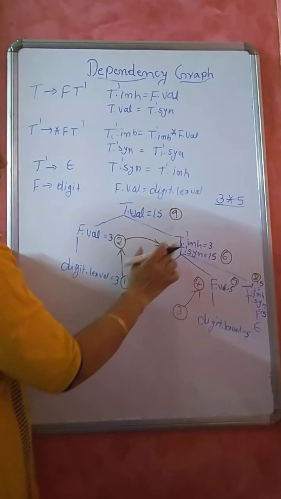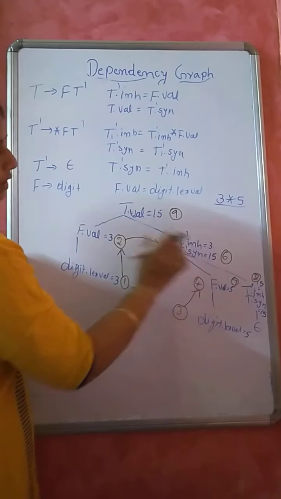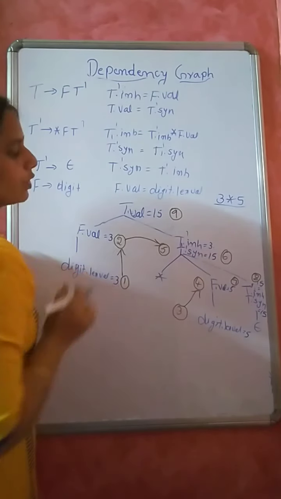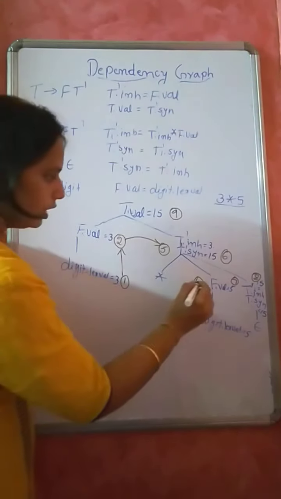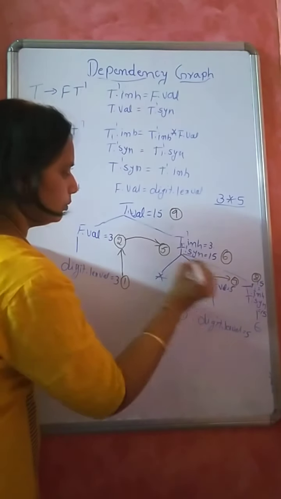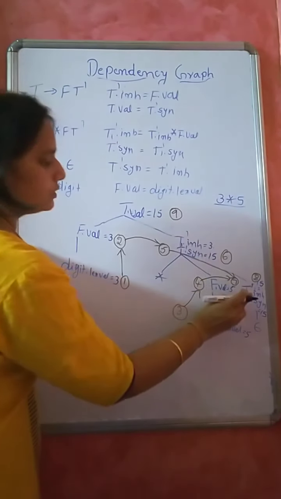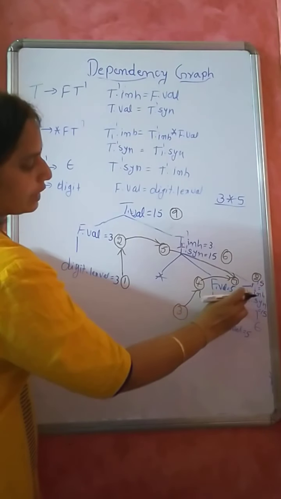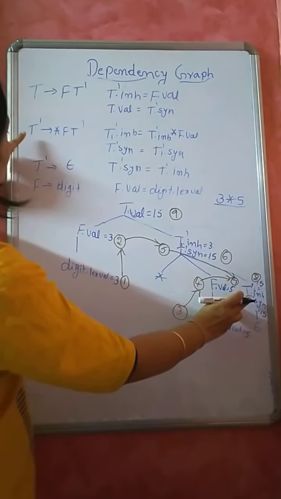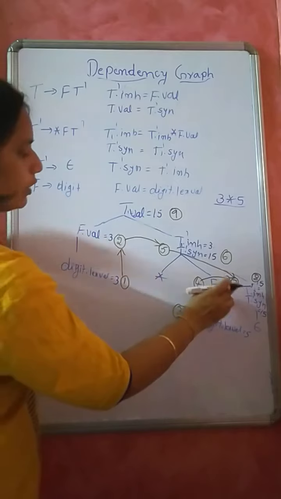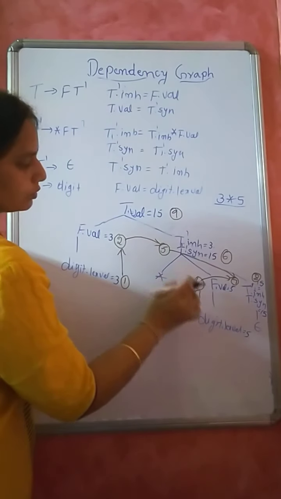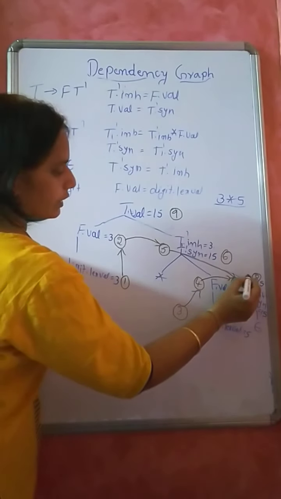3. Okay, that this 5 indicates the inherited value, 6 indicates the synthesis value. Then both of them, 7. What is 7? T dash inherited. T dash inherited, it depends on what? Both the T dash inherited and f dot value. That is 5 and 4. Now 8 depends on this.